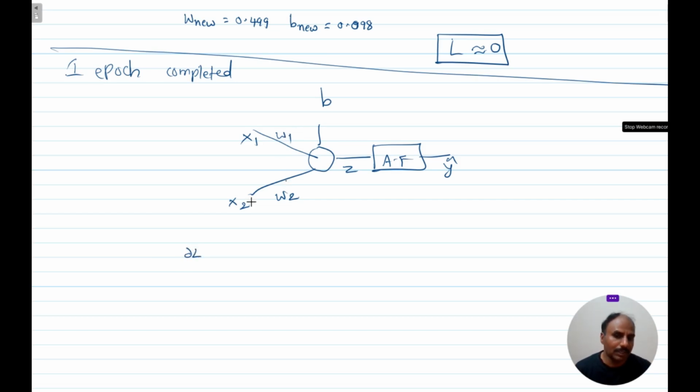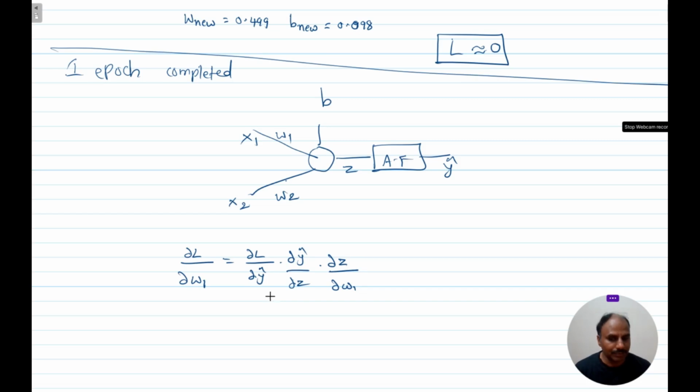In the earlier case, there was only one weight, that's why I took w new, but here two independent weights are there. Therefore, ∂L/∂w1 is equal to ∂L/∂ŷ by ∂z by ∂w1. With respect to w1, we are differentiating.